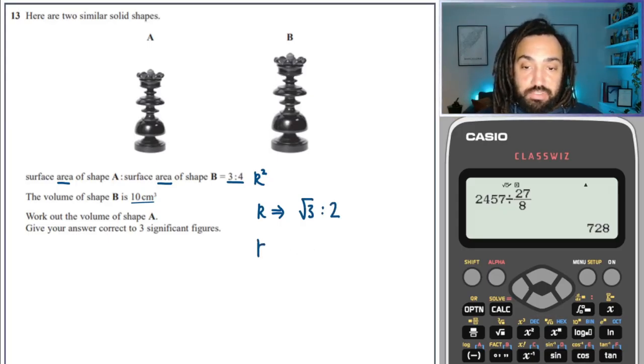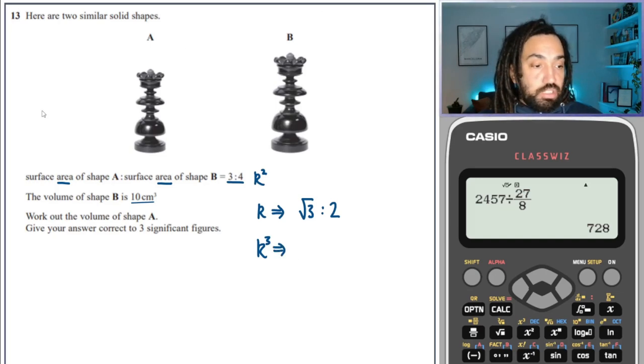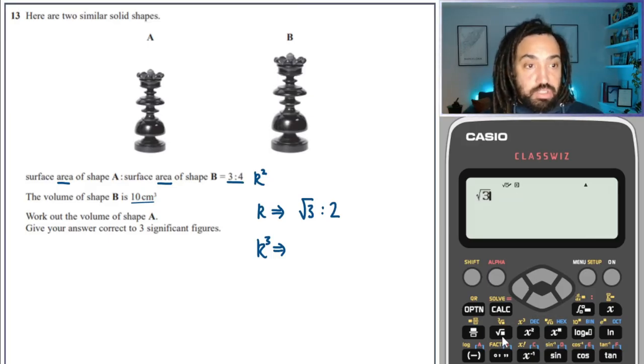And then if I wanted to find k cubed, then I would have to cube these ratios. So I can do that by going to my calculator and just pressing the square root of 3. I would want to cube that. And hopefully, if you've watched my third video, you'll know that that is 3 root 3.